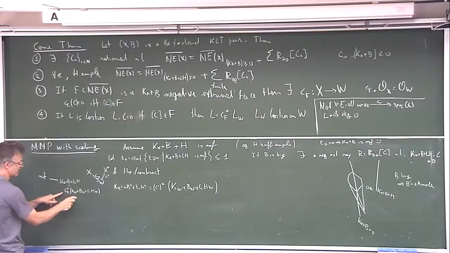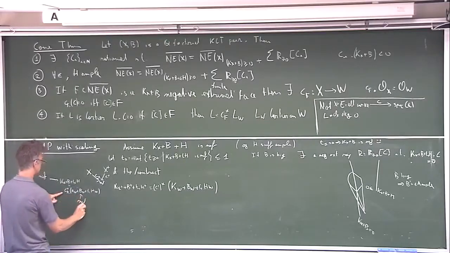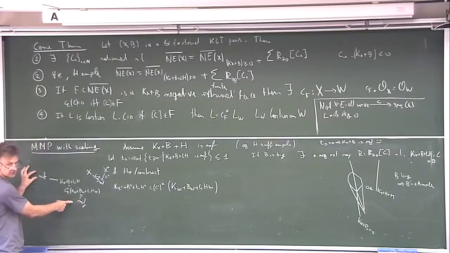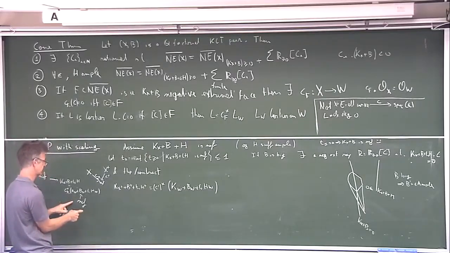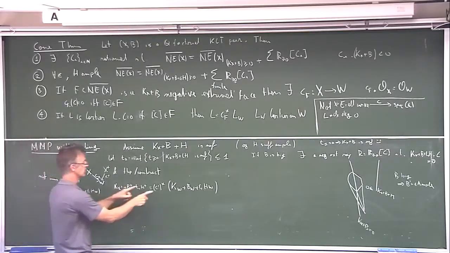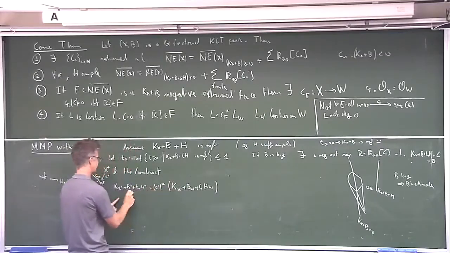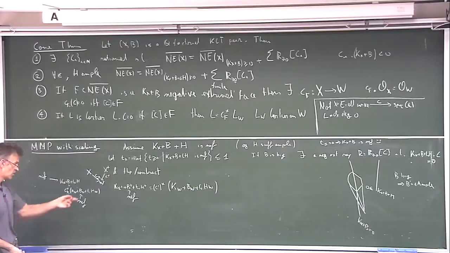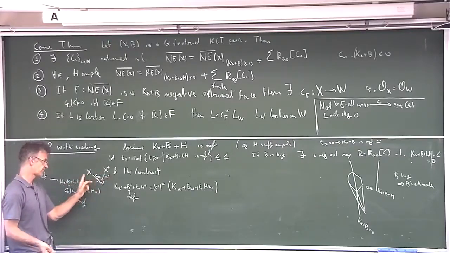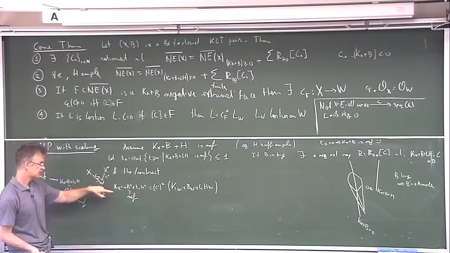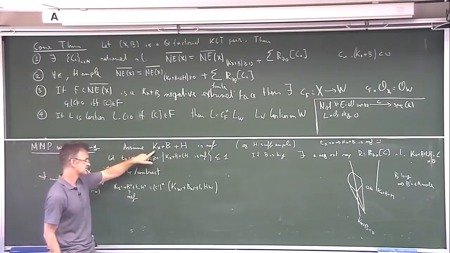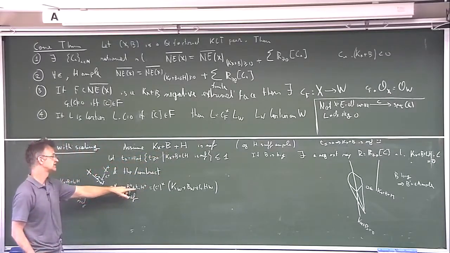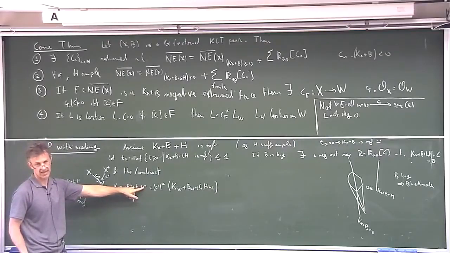So this guy is nef, right? Because if something is a pullback of something else, it's nef if and only if it's a pullback of a nef. It's an easy check. So not only can I do my flip and replace x by x plus, but kx plus b plus h will no longer be nef, but kx plus b plus t1h will now be nef.